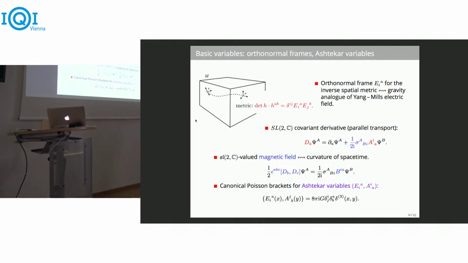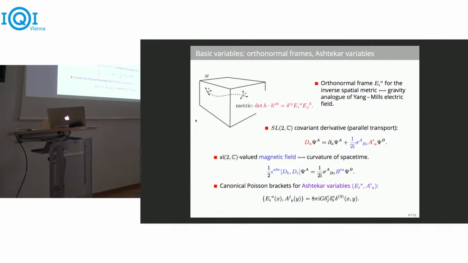The basic variables in the canonical approach are not the metric but orthonormal frames, and that has to do with how to couple spinning particles to the metric tensor. If you consider ordinary matter like fluids or electromagnetic fields, then all you need to specify to couple these fields to the gravitational field is the metric tensor g_mu nu.